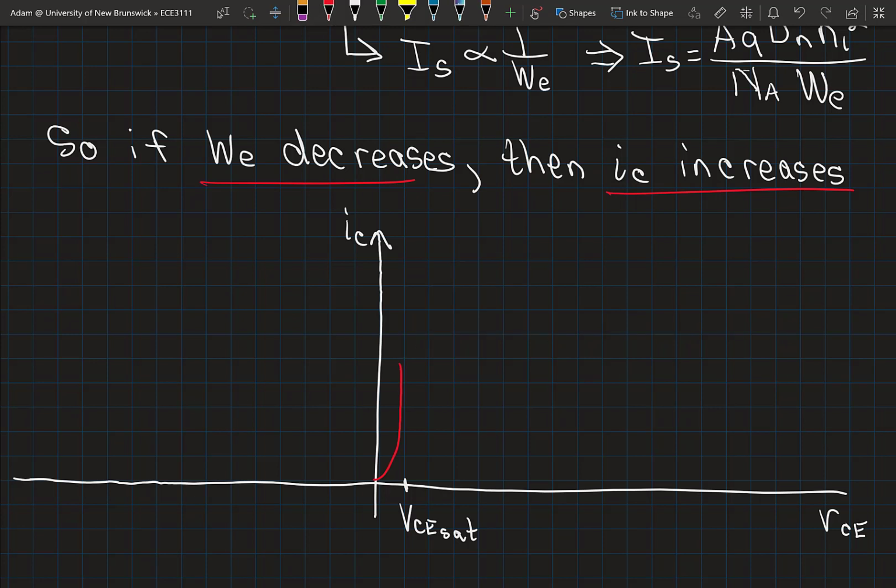However, this is a simplified model of the output behavior, when in fact the true output behavior, as we just concluded, is that with increasing reverse bias, that's a function of our collector to emitter voltage, we'll get increasing collector current.